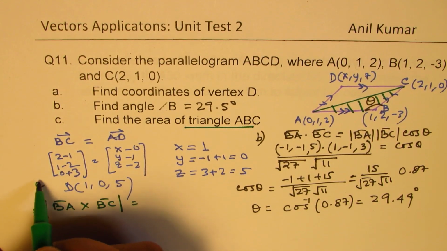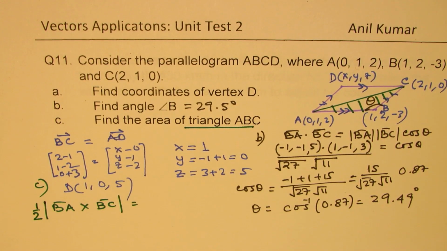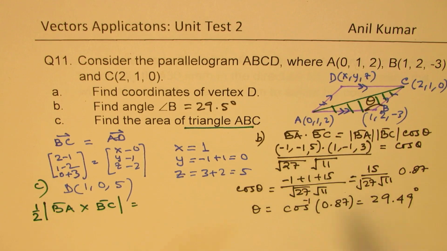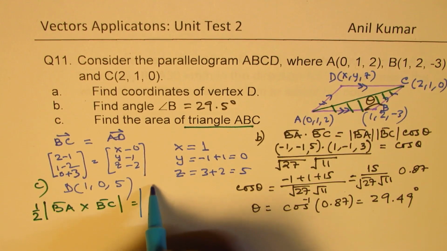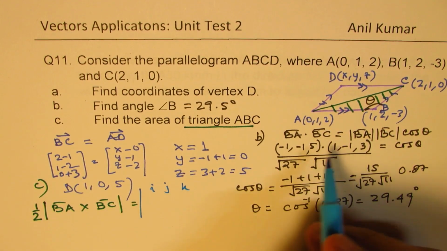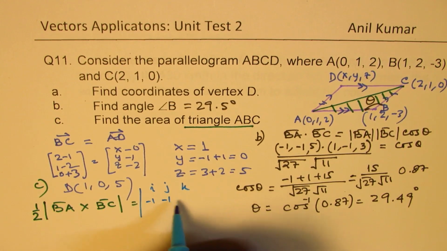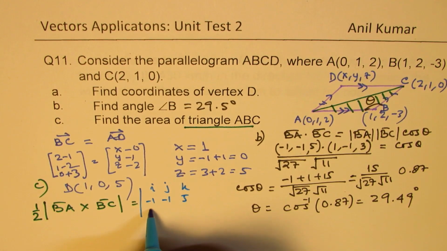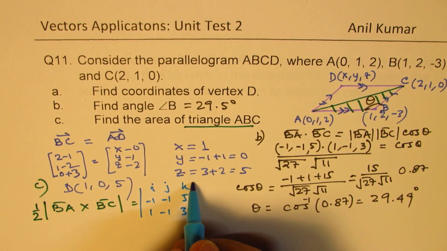Let's do part C now. I've written all these things in a very small space, but I hope it makes sense to you. So let's find this magnitude. These are the two vectors, with i, j, k, and this is -1, -1, 5 and 1, -1, 3.